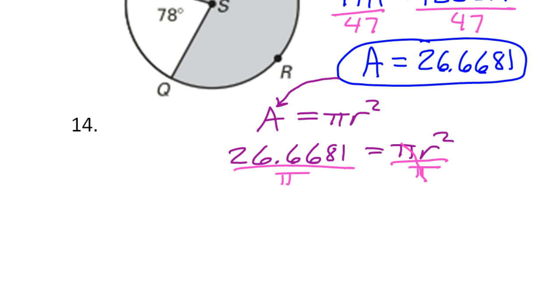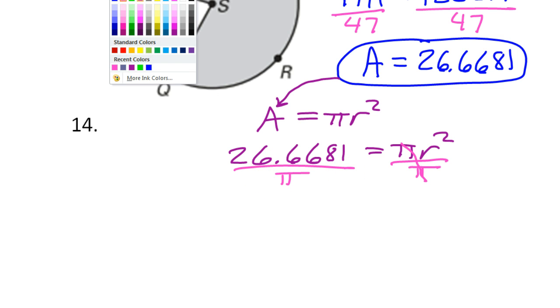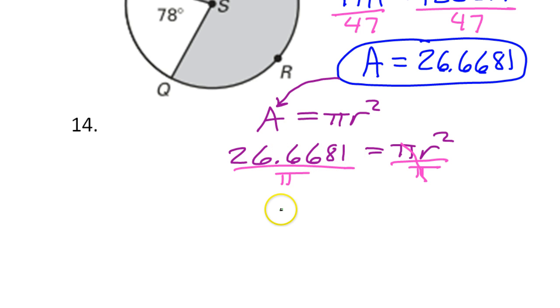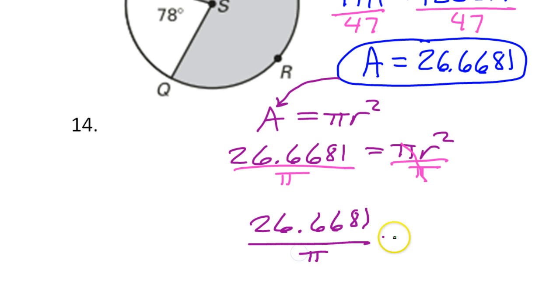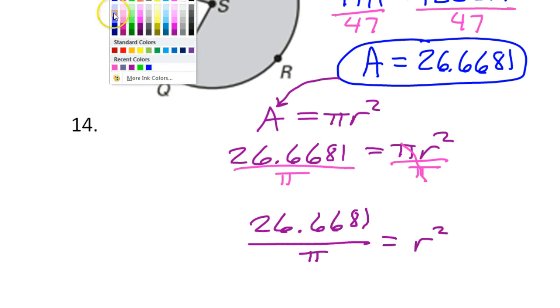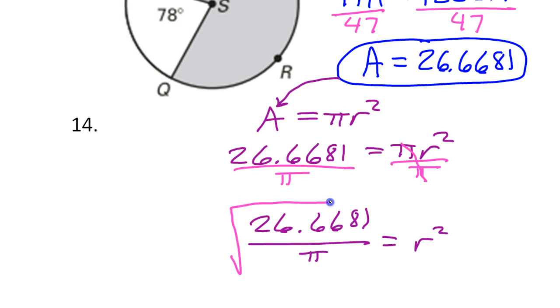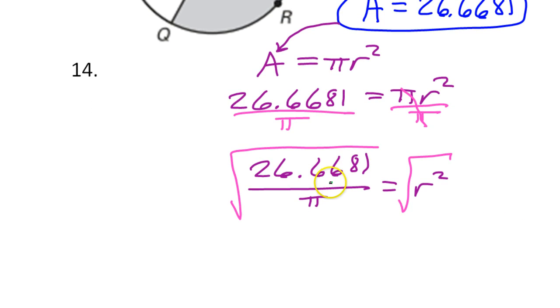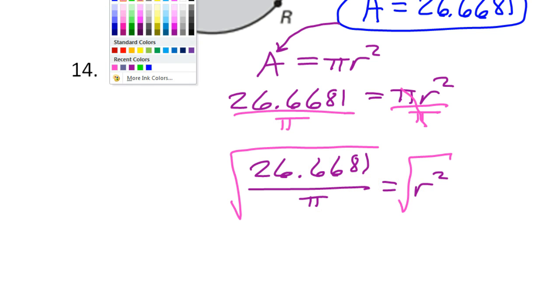Right now, because I've already rounded it once, every time you round you're getting more error. So this is 26.6681 over pi equals r squared. If I want to get the radius by itself, I would take the square root of both sides. That is going to give me my final answer for the radius.